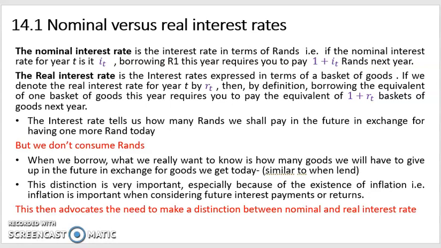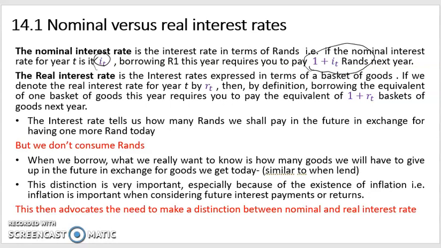The nominal interest rate is the interest rate in terms of rands. This is the interest rate that is mostly published in news articles from month to month and so forth. So if the nominal interest rate for year t is represented by i_t, then this would suggest that borrowing R1 this year requires you to pay 1 plus the interest rate in rands next year.